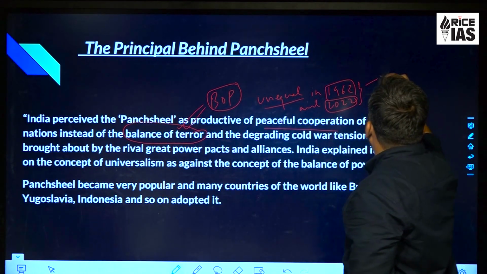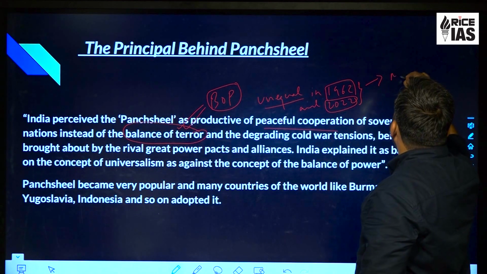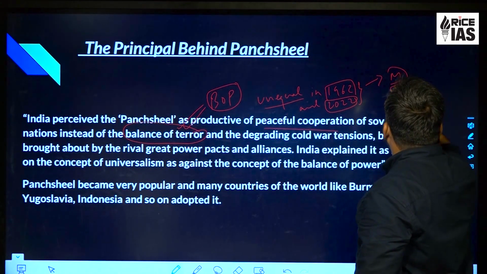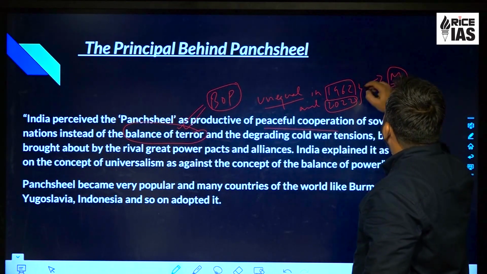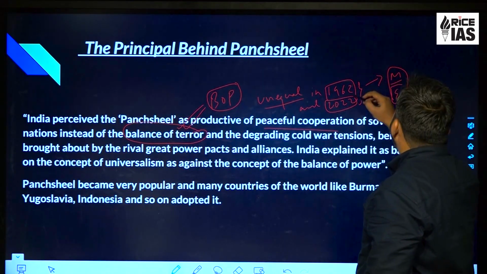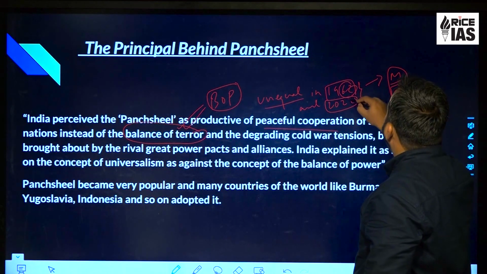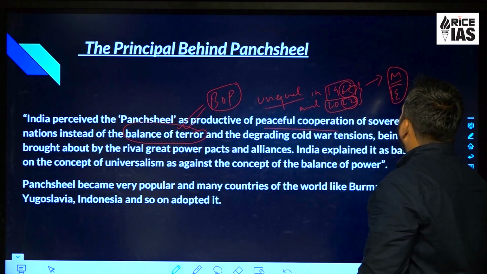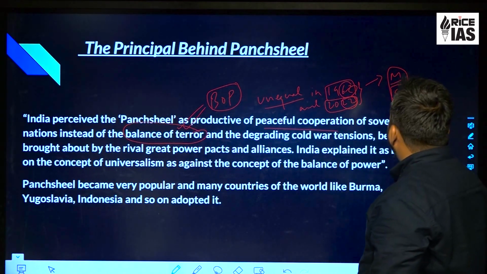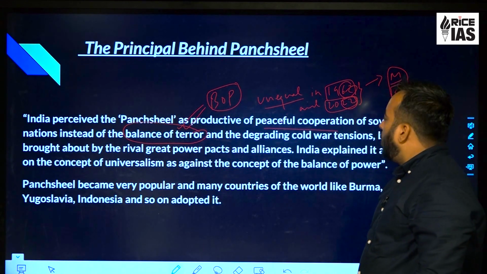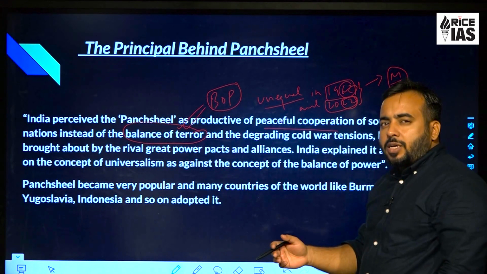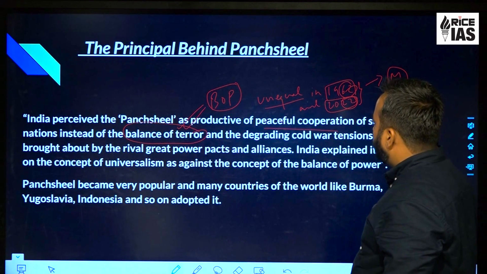Unequal in what sense? Unequal militarily and unequal economically. It can be argued that India was maybe in a slightly better condition in 1962 than in 2022, and India is going to catch up in future, and India is going to exceed militarily and economically. That is just the projection.